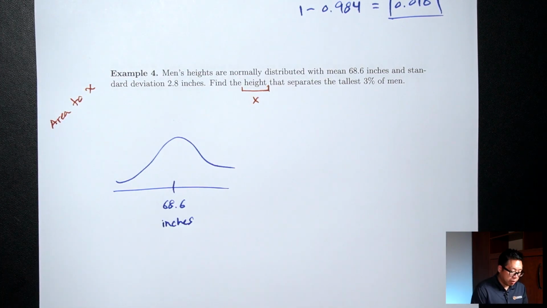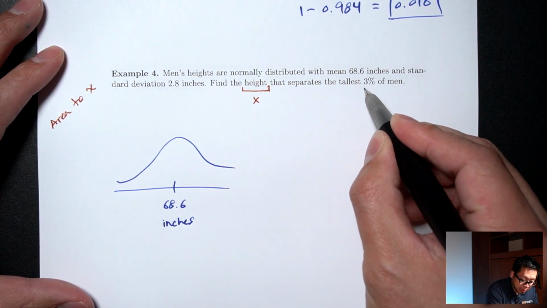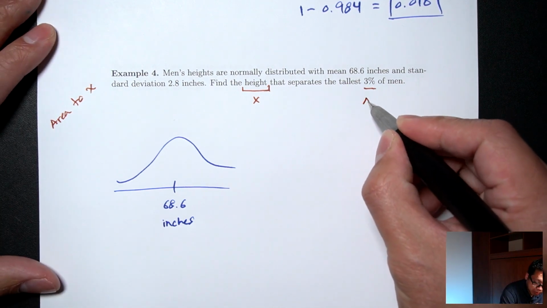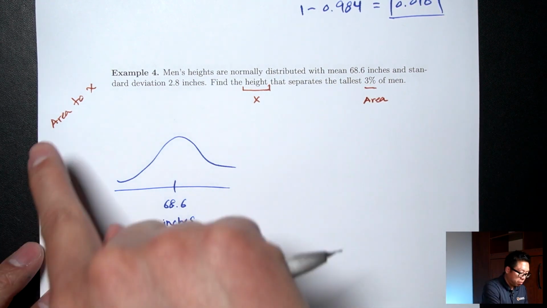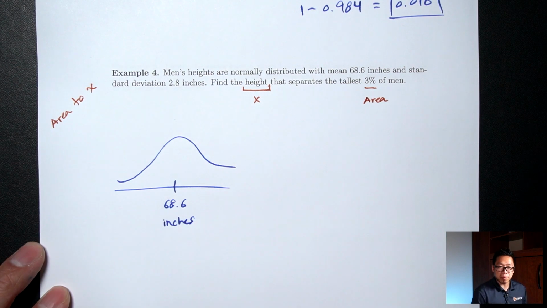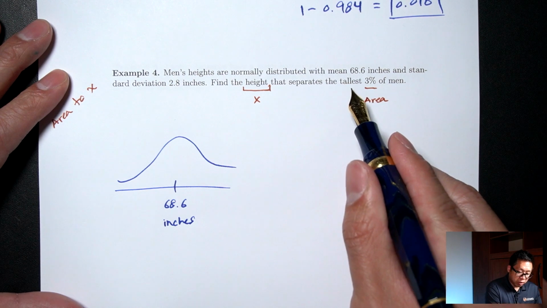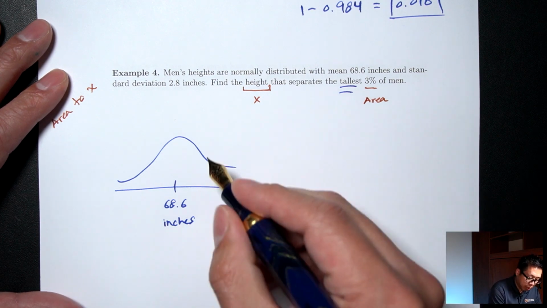The other way to think about it is to look at what else I'm giving you in this question. I'm giving you this 3%. Percent is one of those P words that stands for area. So I'm giving you an area to start. So start with area, so this is area to x. Now let me draw the rest of the picture. I need to draw whether it's shaded left, shaded right, or shaded in between. Tallest, same thing as highest, biggest, will be on the right side.